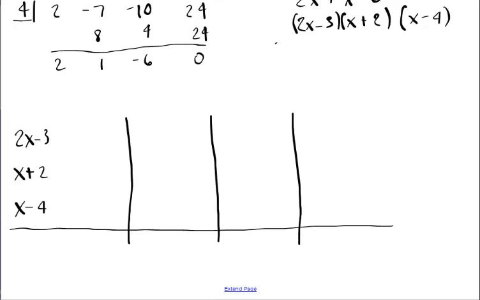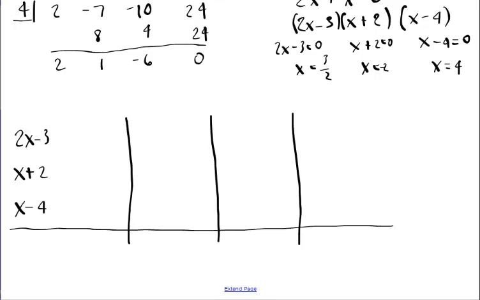So your zeros here, 2x minus 3 equals 0, so x equals 3 halves. X plus 2 equals 0, so x equals negative 2. And x minus 4 equals 0, so x equals 4.